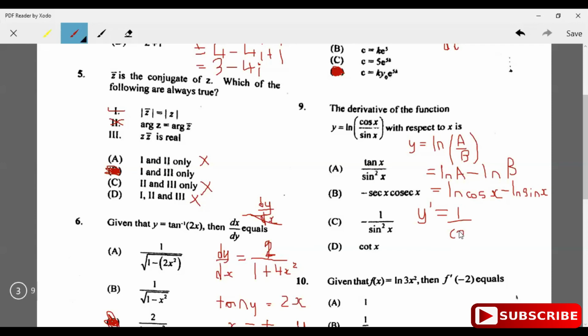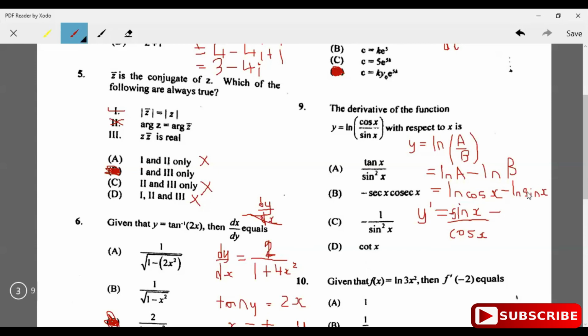So we get 1 over cos x times the derivative of cosine x. Now the derivative of cosine x, when you differentiate cos, you get minus sine. So I'm just going to put sine x right here, and put a minus in front of the sine x.